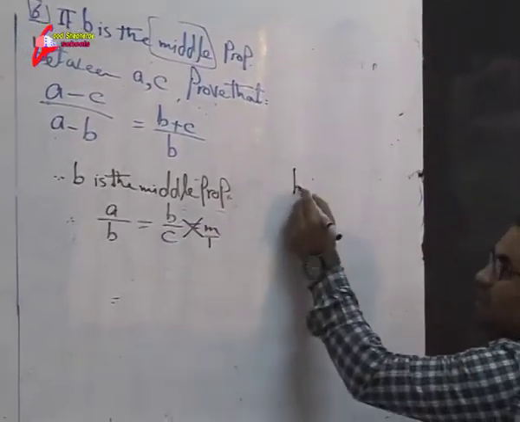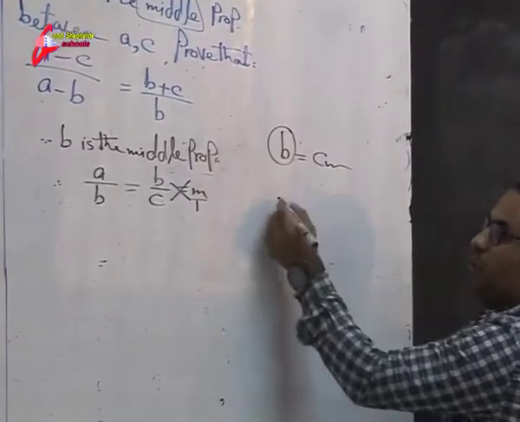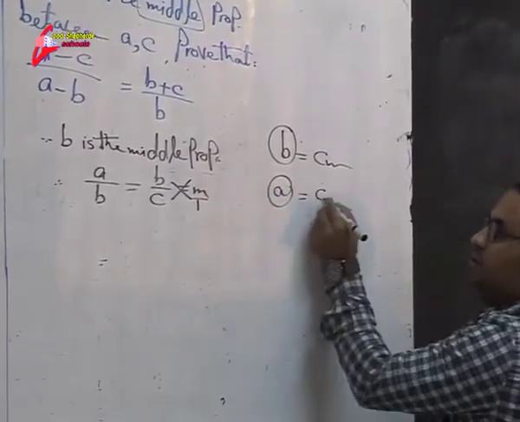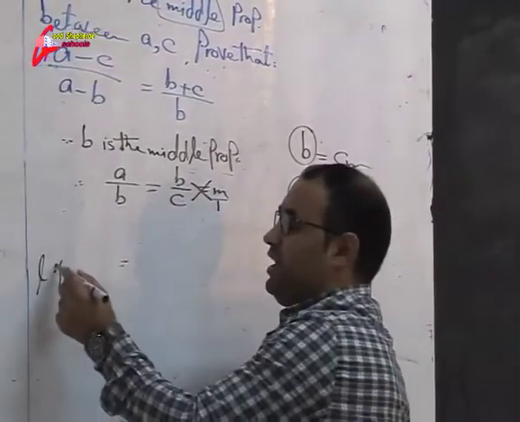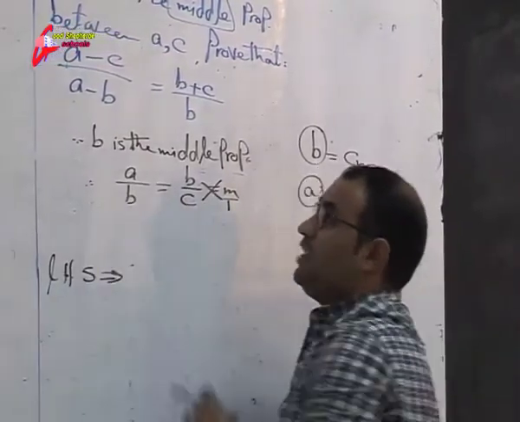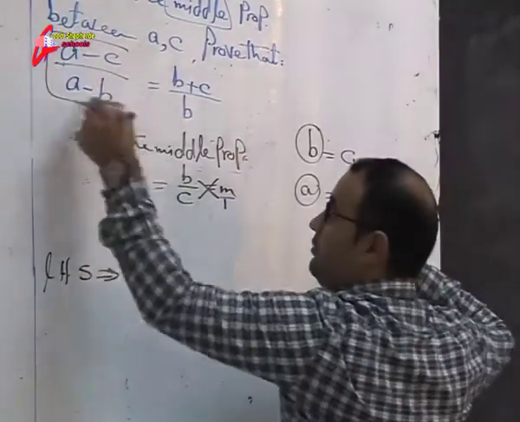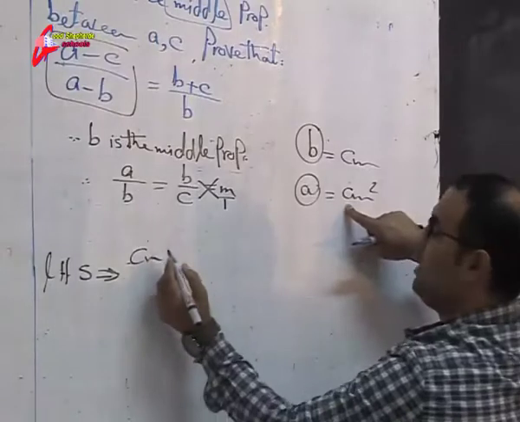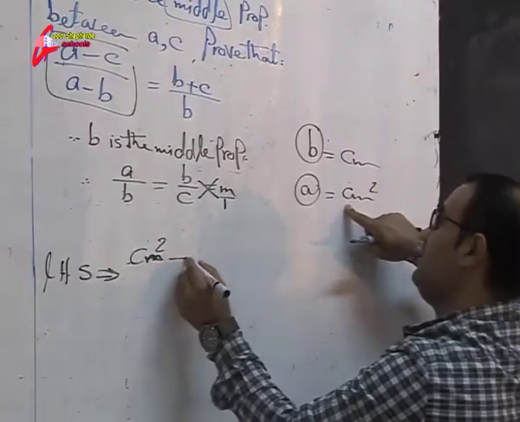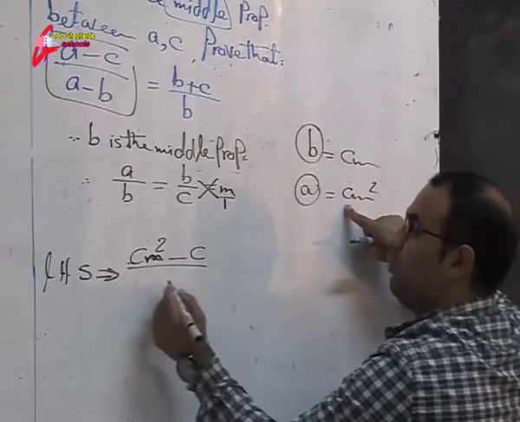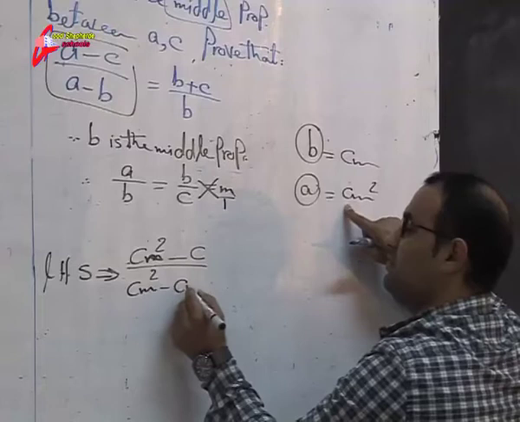So b equals cm. This is b. What about a? It is cm to the power 2. Substitute: the left hand side equals a minus c over a minus b, which is cm power 2 minus c over cm power 2 minus cm.